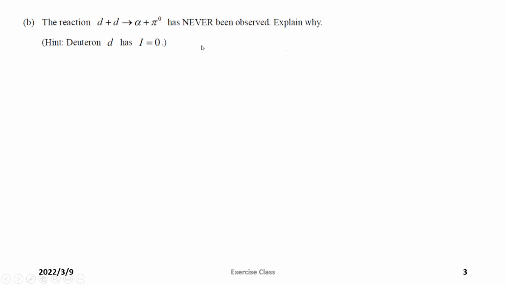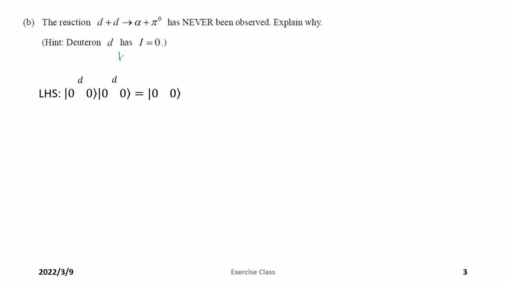Usually, if a process cannot be observed, then it must violate some conservation law. So here we can consider the isospin. For the left-hand side, the deuteron has an isospin I equals 0.